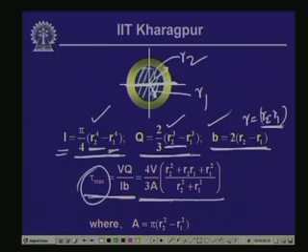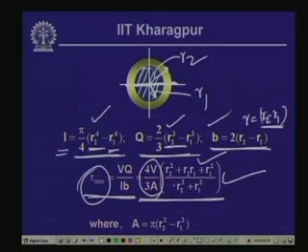It is given by this particular expression, the 4 V by 3 A of the solid circular section, modified by this particular parameter, where r 2 and r 1 are the two radii of the external and the internal circles of this circular section.